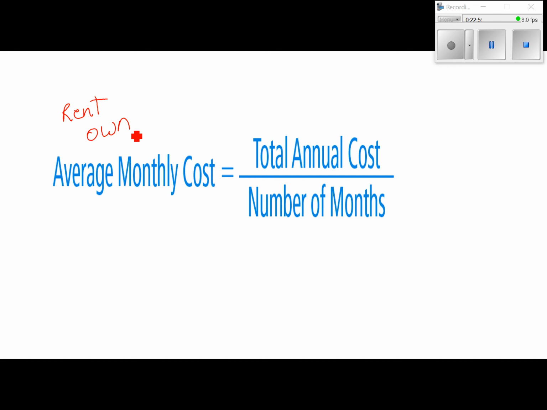But if I own it, then I also get the rewards if I decide to sell it. Whereas if you're renting and you move out, you get nothing. You're not going to get part of the payment when they sell the place just because you lived there.